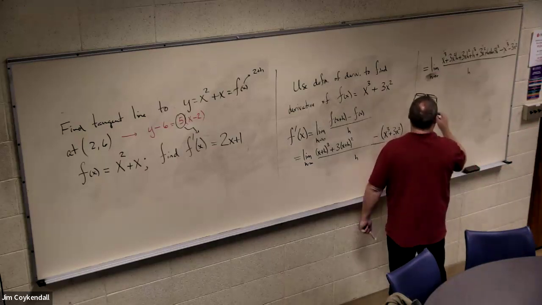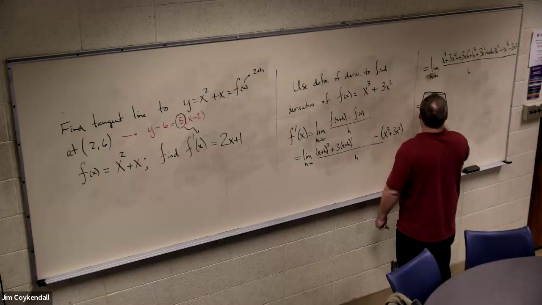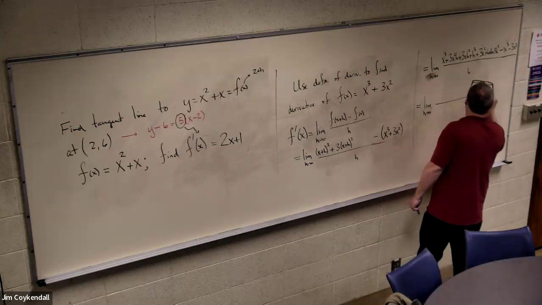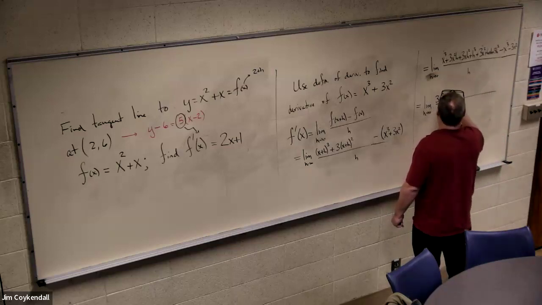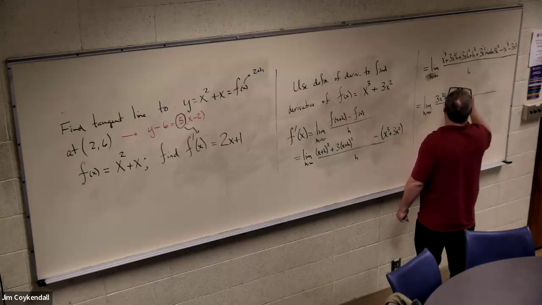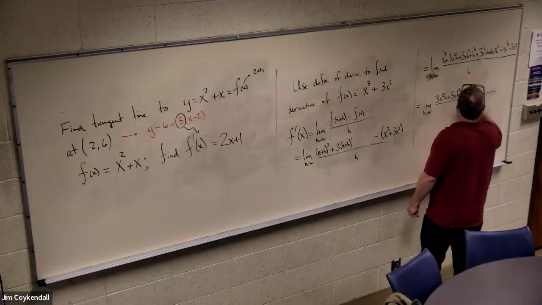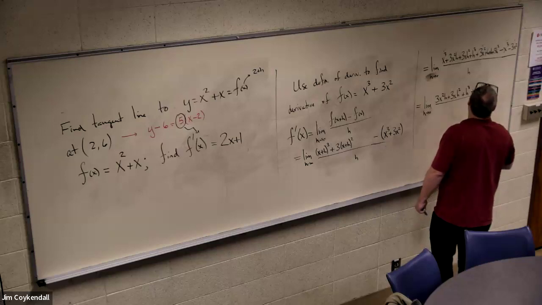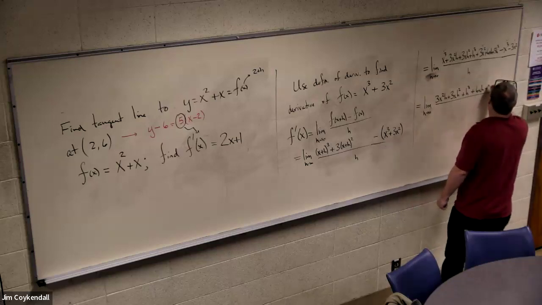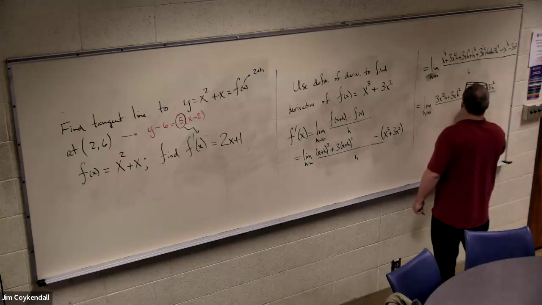This is 3x squared h plus h cubed plus 6x h squared plus 3h squared over h.